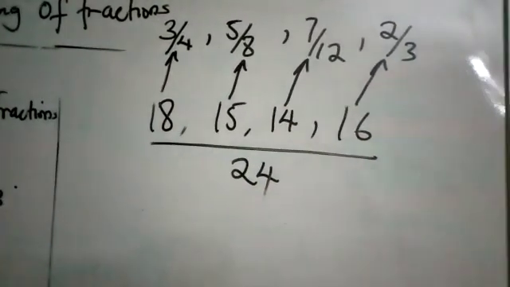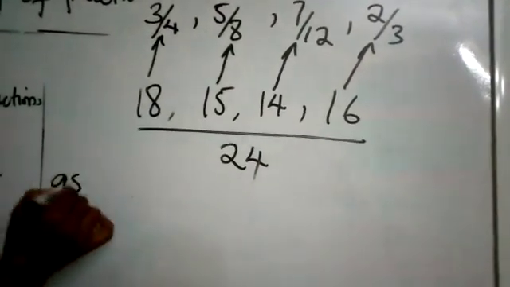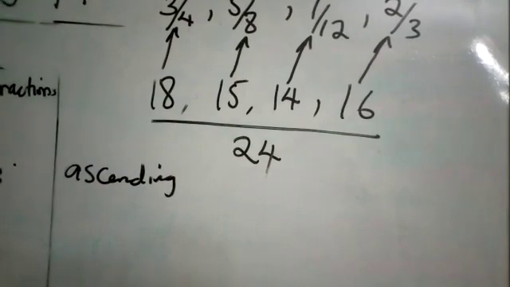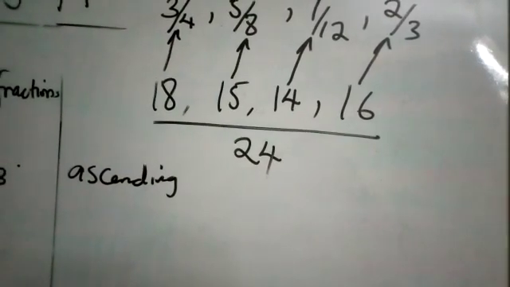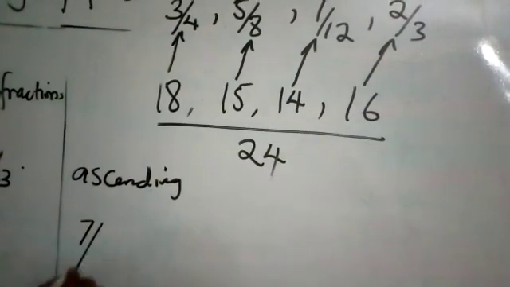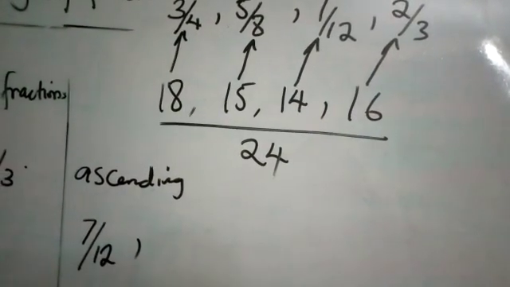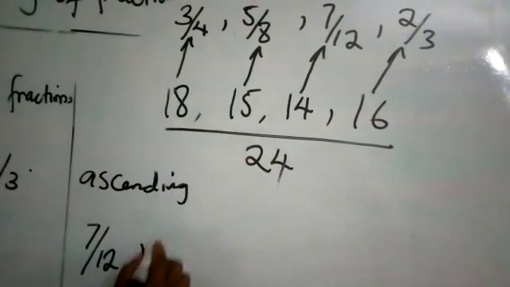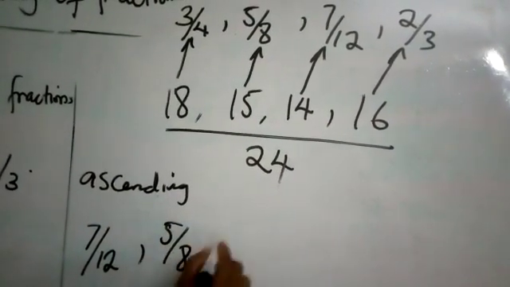Now we're going to pick in ascending order, don't forget. So we are getting the smallest fraction first. The smallest fraction there definitely is going to be 14 over 24, which is 7/12. Then the next one is going to be 15, which is 5/8.